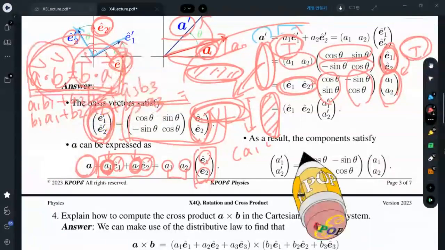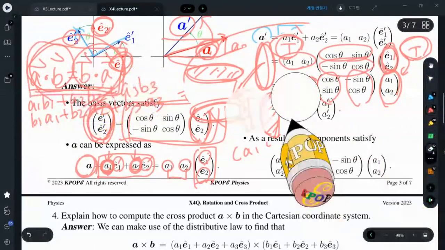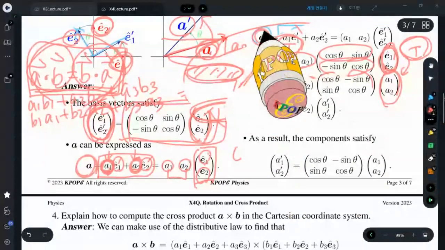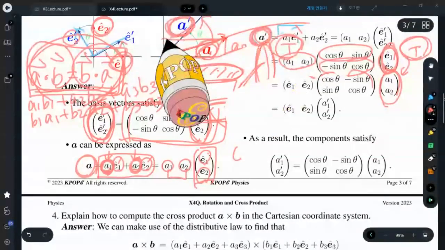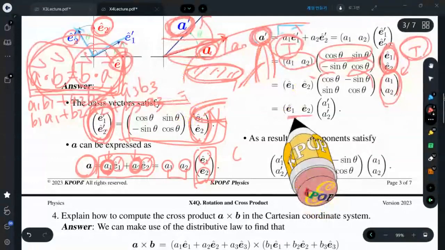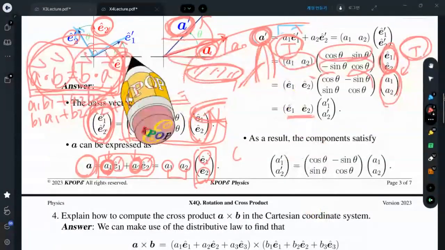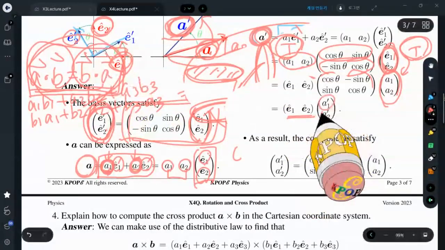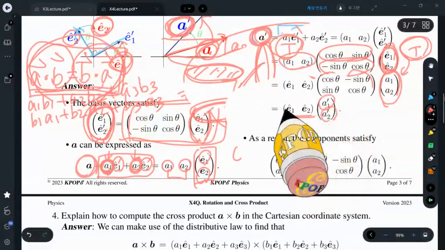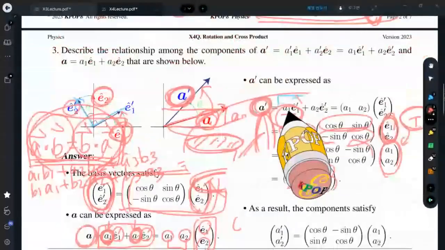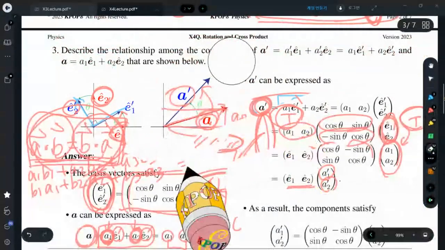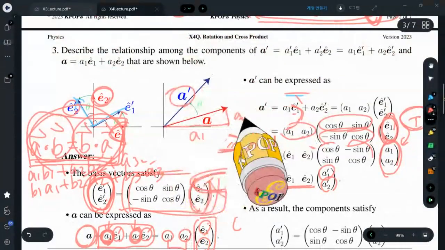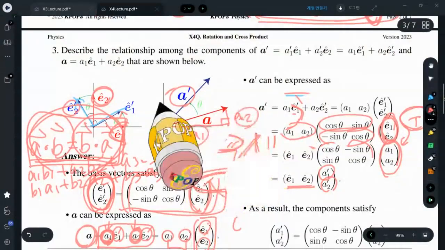As a result, what we have found in here is a linear combination of this rotated vector as an expansion of original basis vectors. We can say the new coefficients for the original coordinates. Let's see. This one, this guy A1, A2: original components in terms of original coordinates.